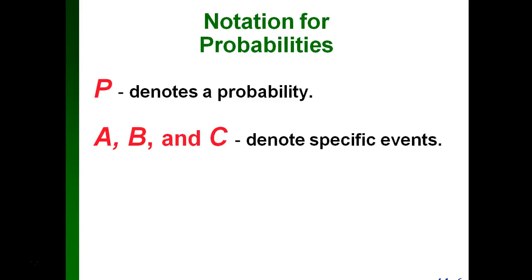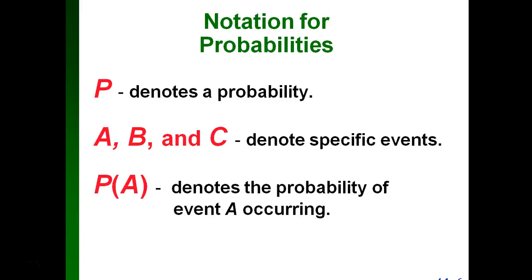Inside of parentheses, sometimes they just say A, B, or C, but they could very well just write the event, so they could say the probability of event A, or they could say the probability of flipping a head or flipping a tail. And so we'll put it together like P, parenthesis, the event, either the event letter or the event name, and then close the parentheses. So if you see P of A, that means the probability that event A would occur.